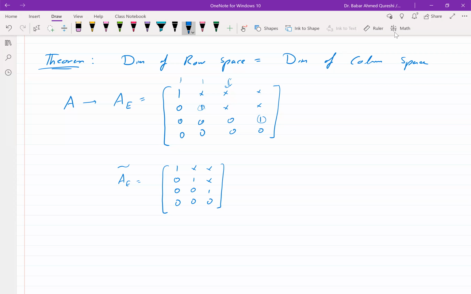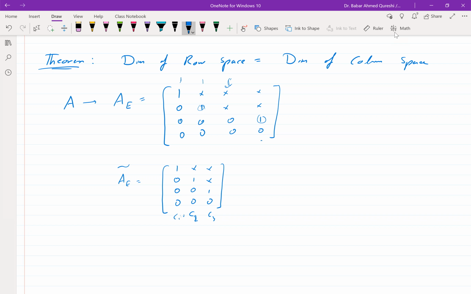It cannot be cancelled against this, so the coefficient of this guy has to be 0. But if the coefficient of this is 0, then these two have to be cancelled among themselves. So this one then cannot be cancelled against this 0. The coefficient of this has to be 0. Then so on. Then this guy, if this has to become 0, so I then need C1 equal to 0.